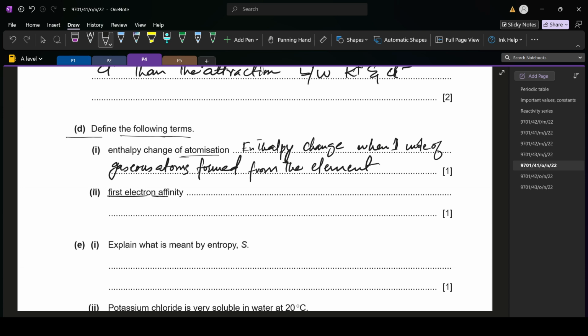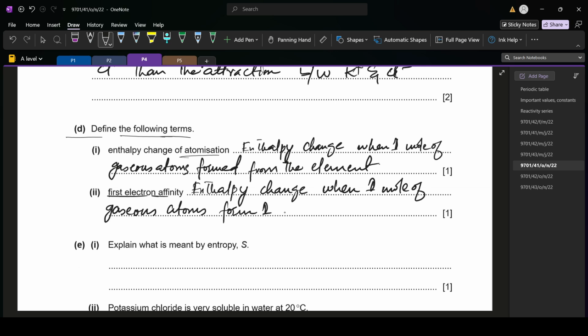When atoms gain electrons they form anions, so this is the electron affinity.